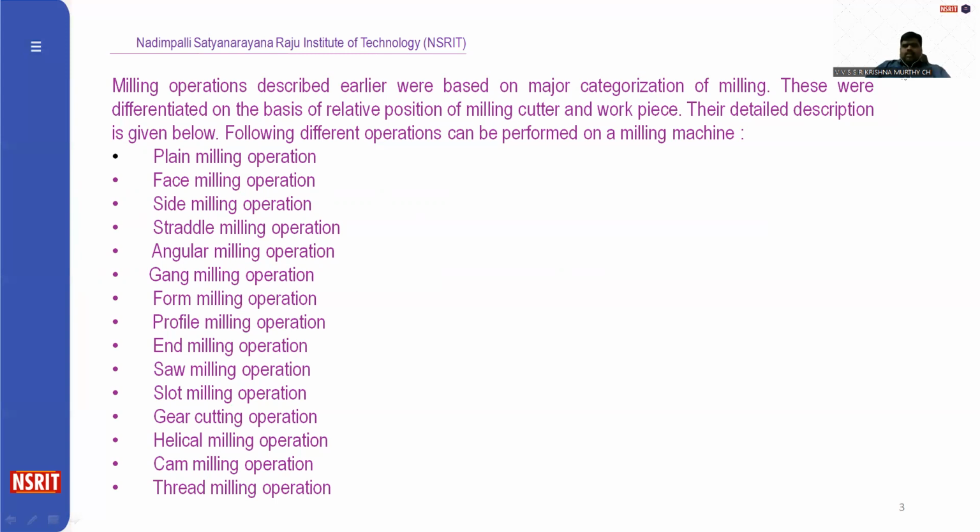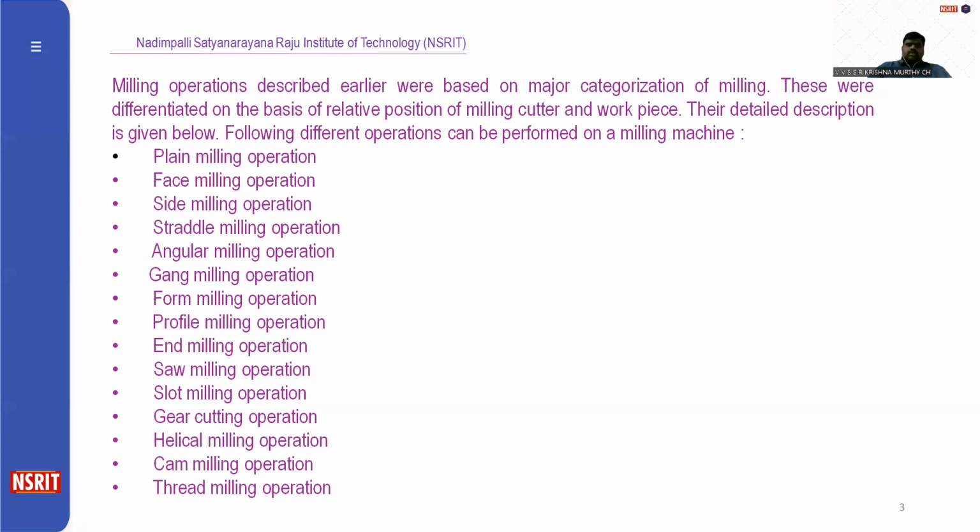The following are the operations performed using milling: plain milling, face milling, side milling, straddle milling, angular milling, gang milling, form milling, profile milling, end milling, saw milling, slot milling, gear cutting, helical milling, cam milling, and lastly thread milling. In your laboratory, you have personally experienced how the gear cutting operation is done.